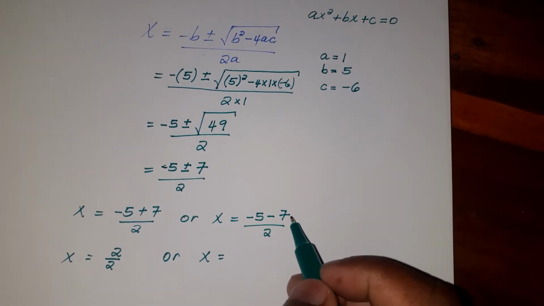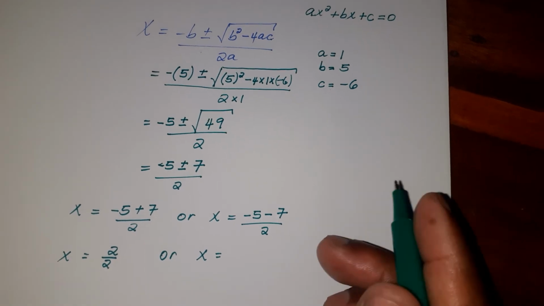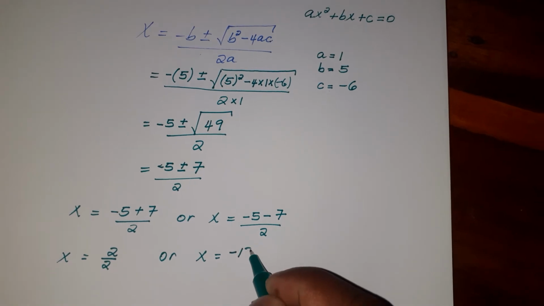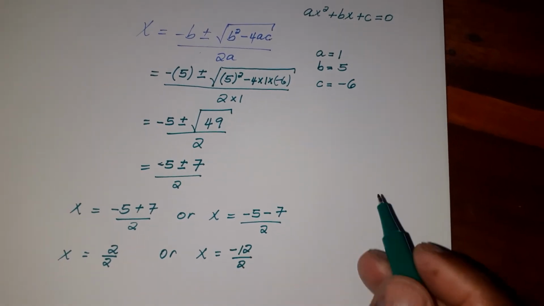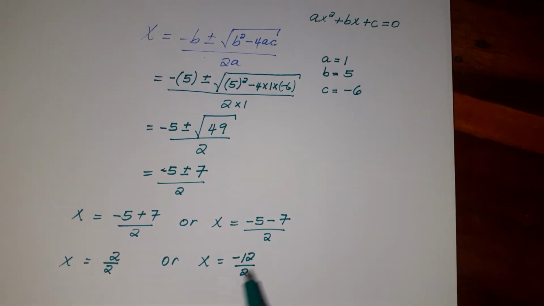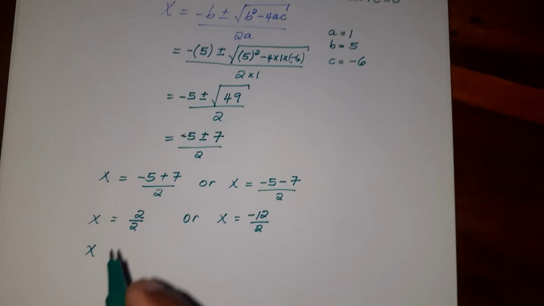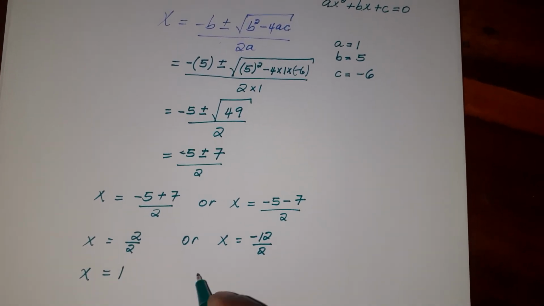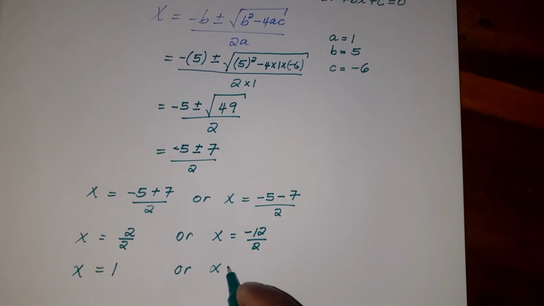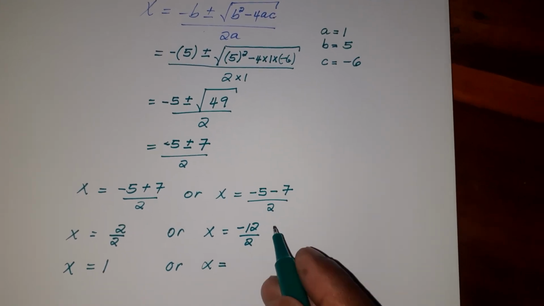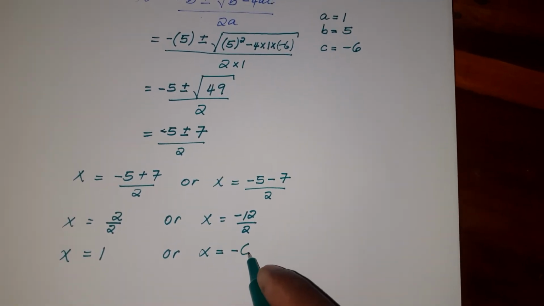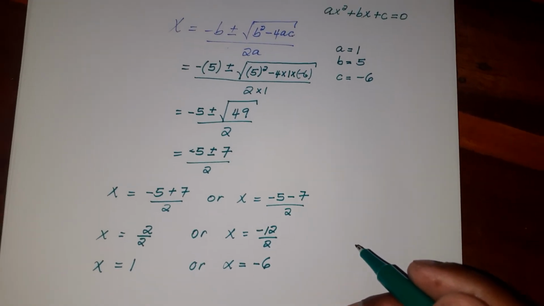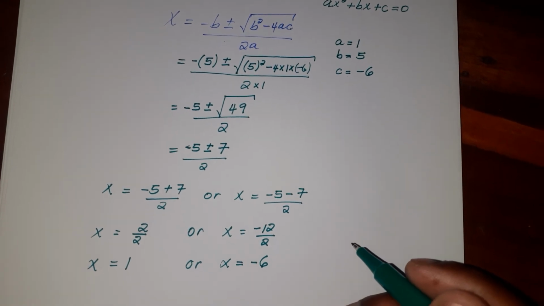Then 5 and 7, you add them, we get 12, keep the sign, negative, and then over 2. Then this side we have 2 over 2 is 1, or negative 12 over 2 is negative 6. It means those are the two values of x in our quadratic equation.